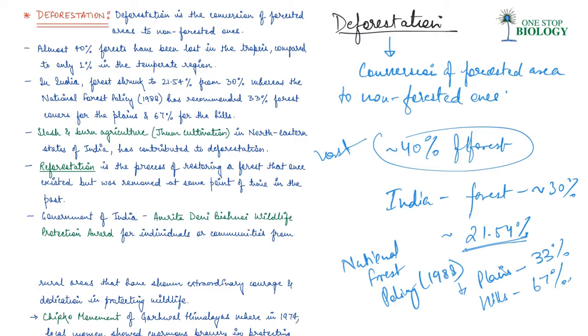Now, one of the major effects of deforestation is basically the increased CO2 concentration. Pollution is increasing, greenhouse gases are increasing, CO2 concentration is increasing, right? And because of that, trees basically could hold a lot of carbon. Now, since trees are lost, this capacity is lost, and it has resulted to pollution.